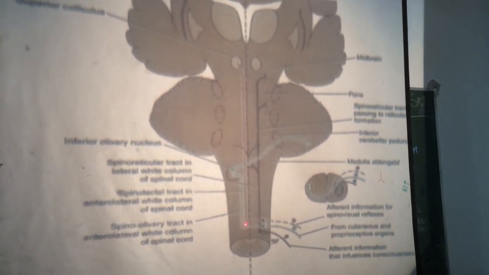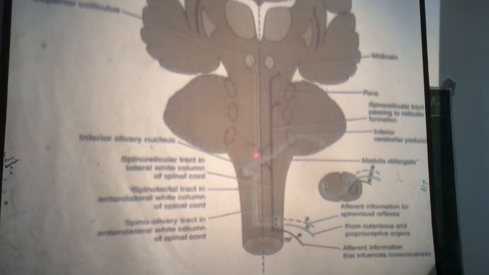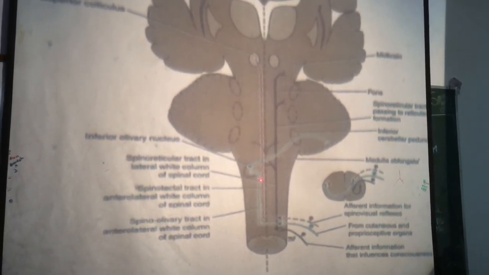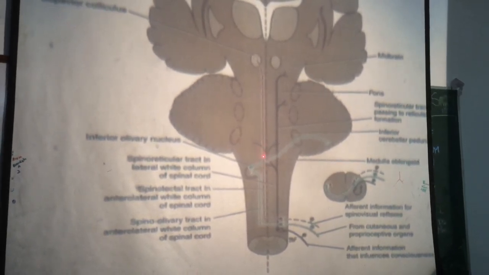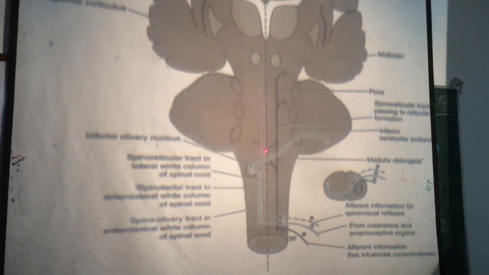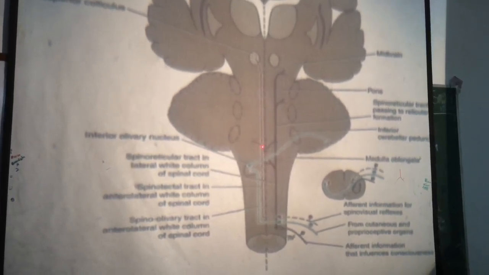The tract ascends in the spinal cord and then enters the medulla oblongata. In the medulla oblongata, it joins the spinal lemniscus.